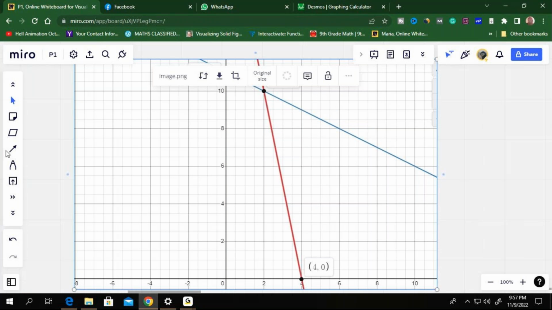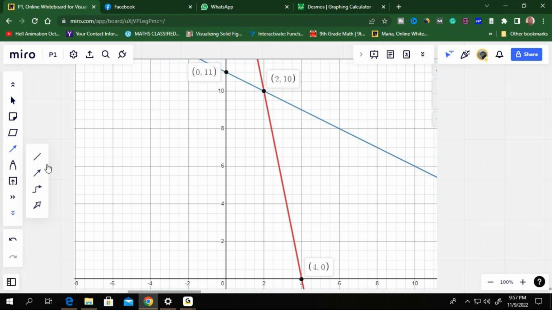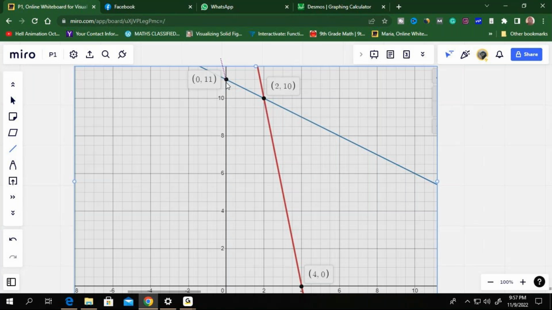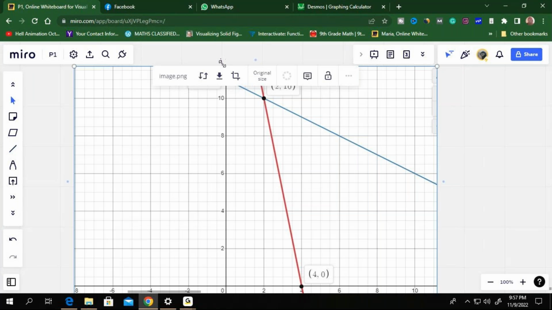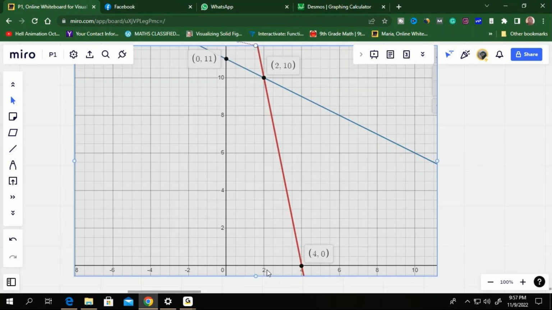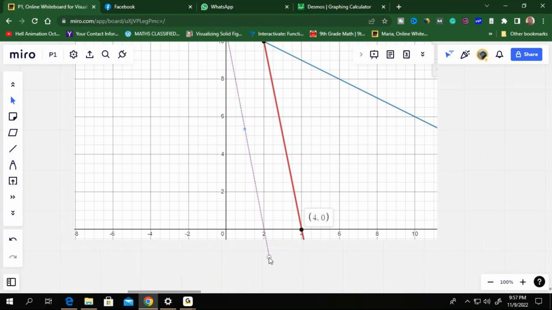I'm going to draw two lines here, just to confirm where my vertex E is going to be. I'm going to draw a line exactly parallel to my orange, and another line parallel to my blue line and passing through my vertex A.